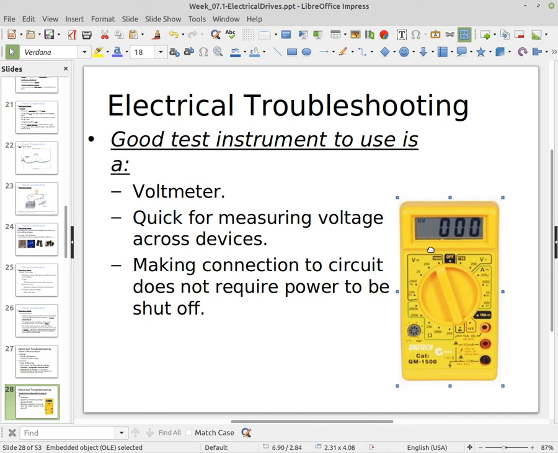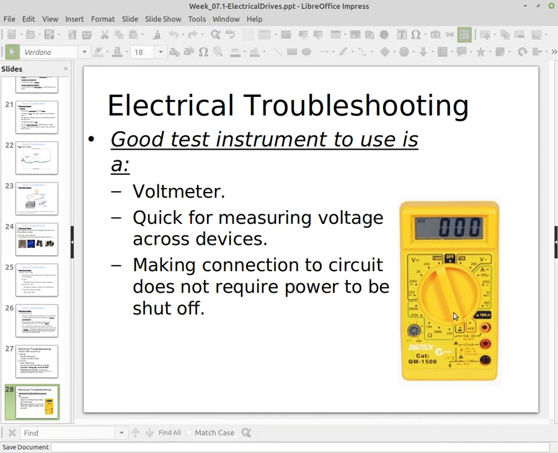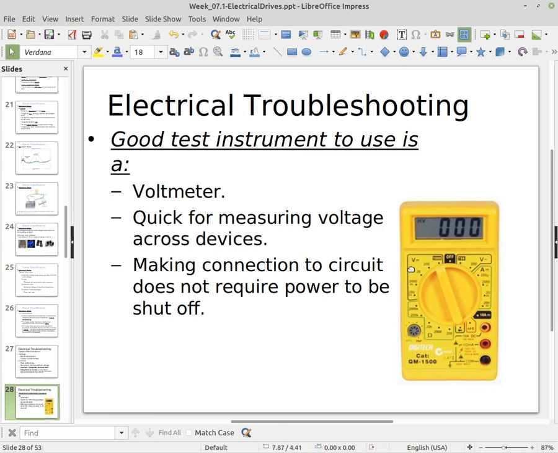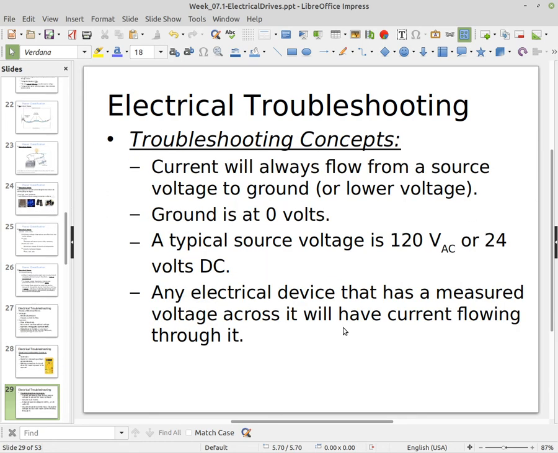It can also measure current, and a lot of these devices, like this one shown here, can measure other things such as the beta of a transistor and things like that. But typically these measure resistance, voltage, and current. But to measure current with a device like this, you would have to disconnect the circuit. But to measure voltage, we can measure without disconnecting or cutting power.